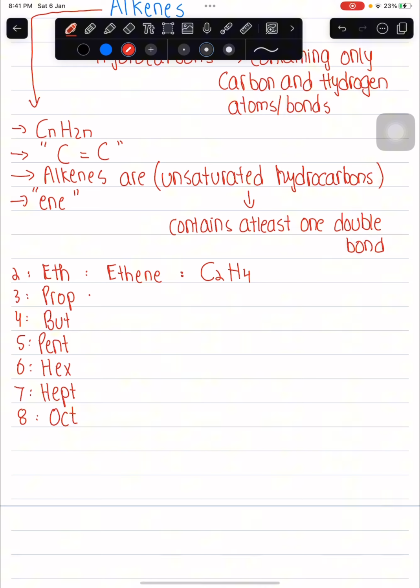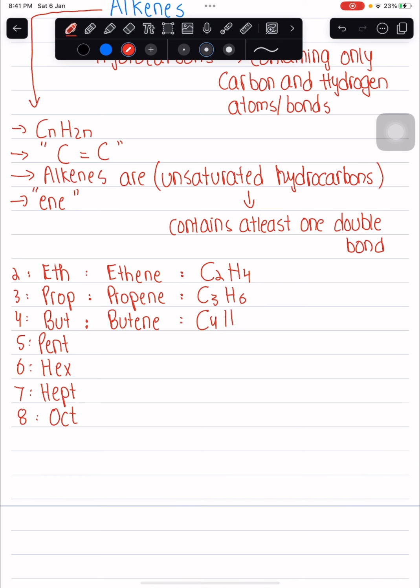Now let's move towards prop. With prop we add ene, so it will become propene. And what's the molecular formula of propene? We just have to place this value in the place of n. So we have C3, and then just twice the number, so C3H6. Very easy. But will become butene. And what's the molecular formula for butene?